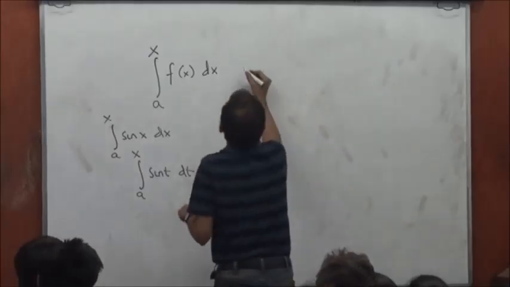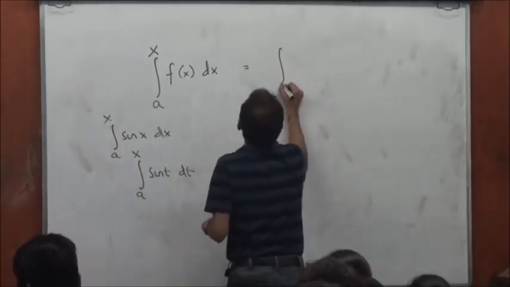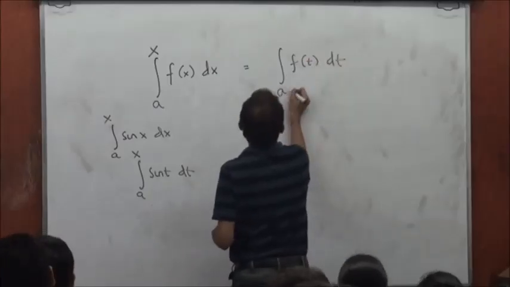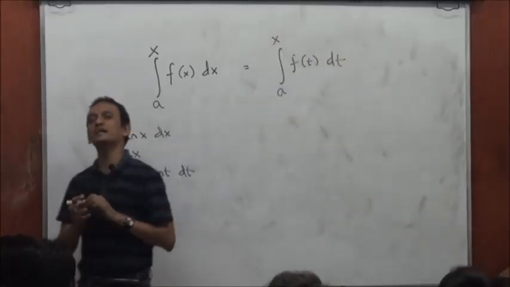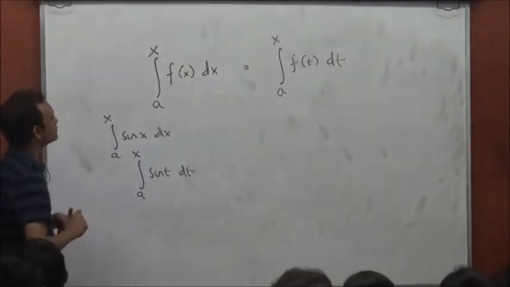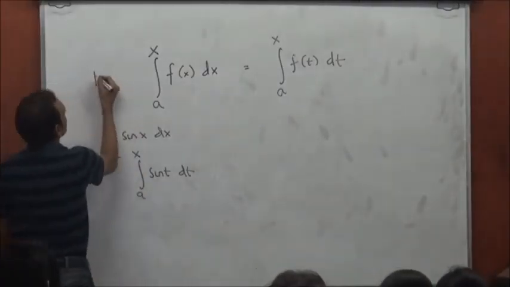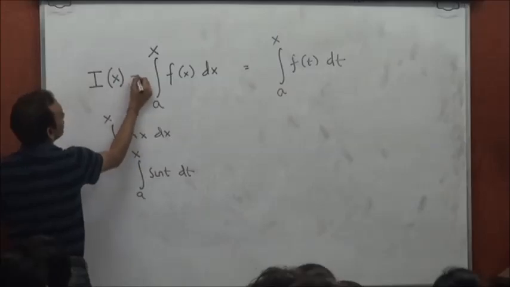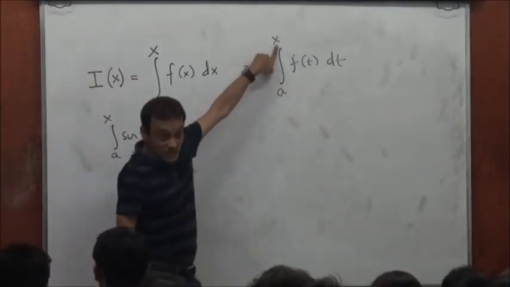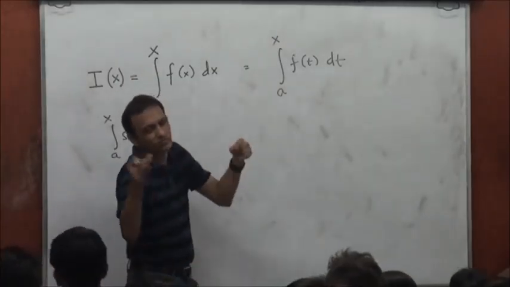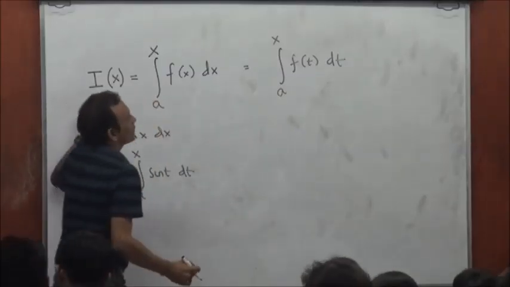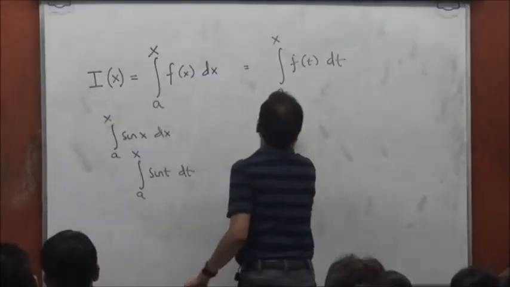So as beginners, what you might want to imagine is that this is, say, f t dt from a to x. Yes or no? This then would be a function of x. This x. Not this x. Because this vanishes. This goes away. Right? So then if I have to say I dash x.